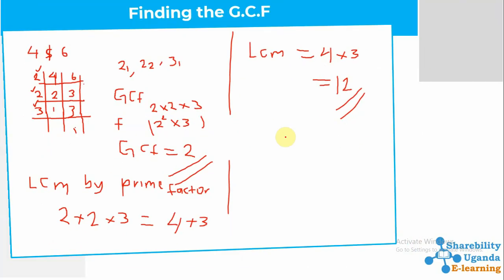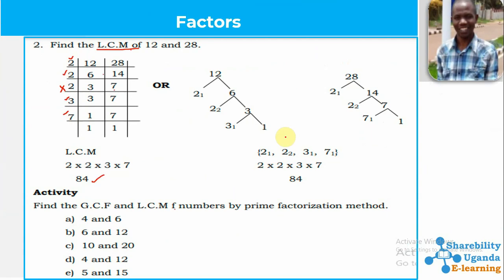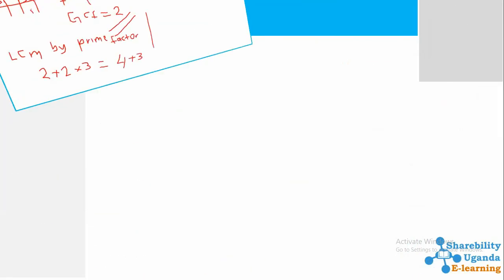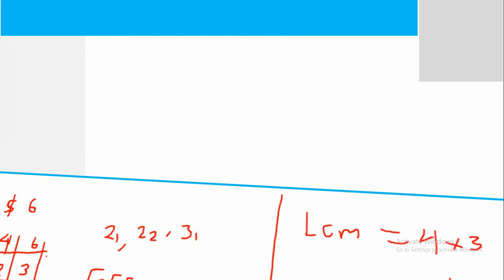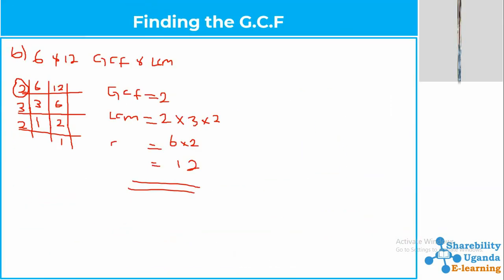Okay, so let's look at our next number. Our next numbers here, this is part C, we have a 10 and a 20.